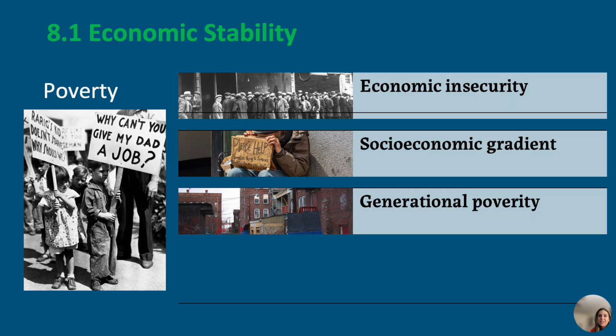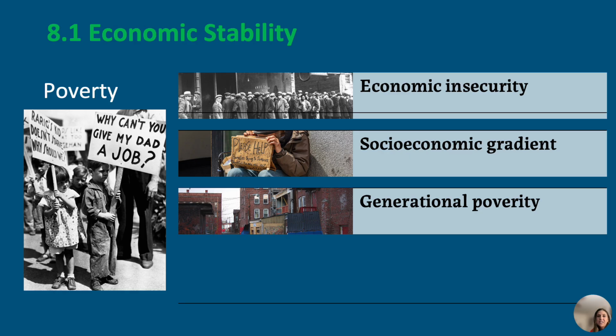For economic insecurity, this is where there is not consistently affordable housing, food, clothing, transportation, childcare, or healthcare. And when those things are not constant, then we're seeing a link to poverty.